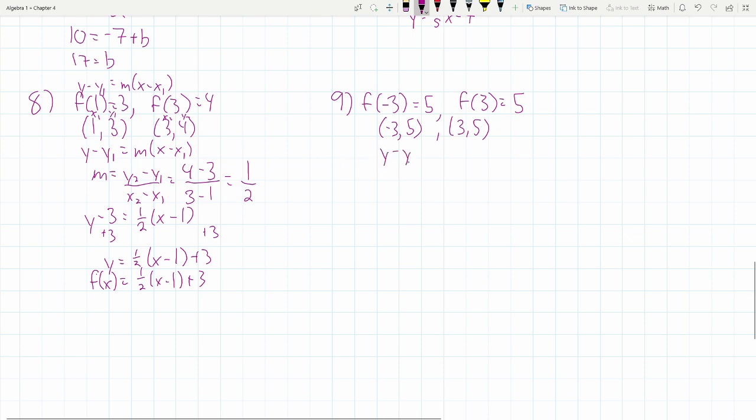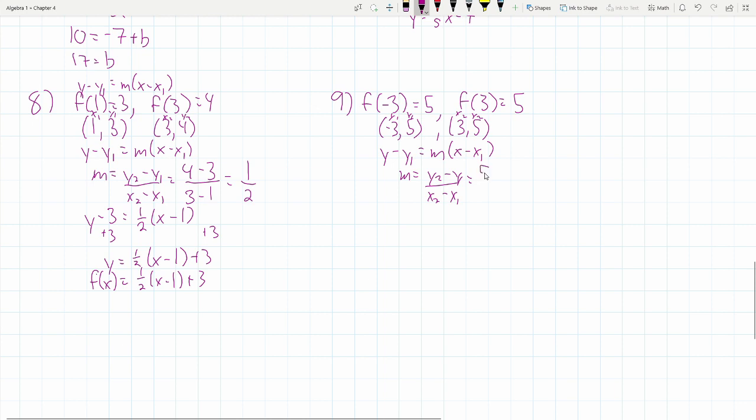y minus y1 equals m times x minus x1. I call this x1, y1, x2, y2. My m is y2 minus y1 over x2 minus x1.